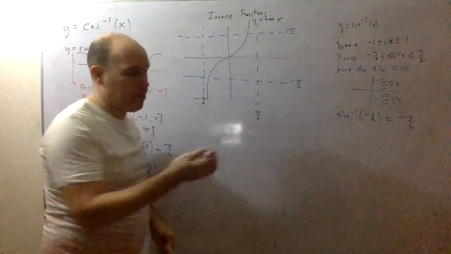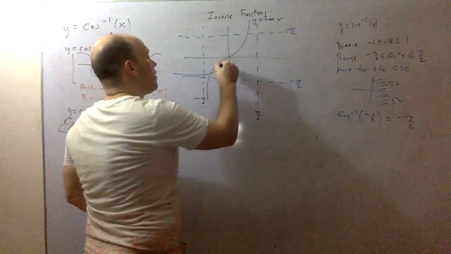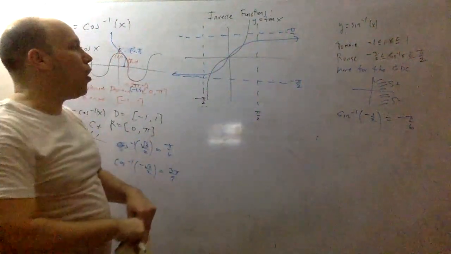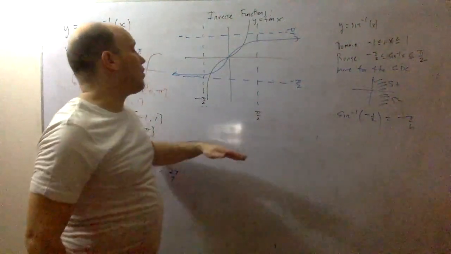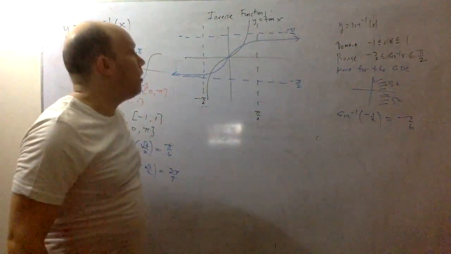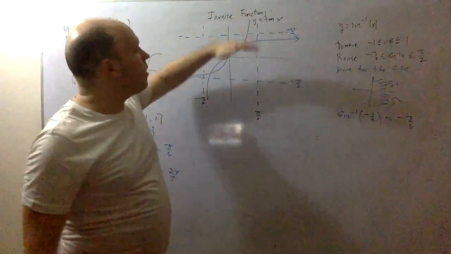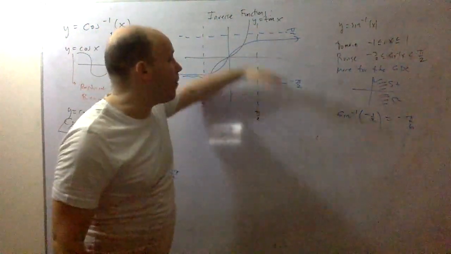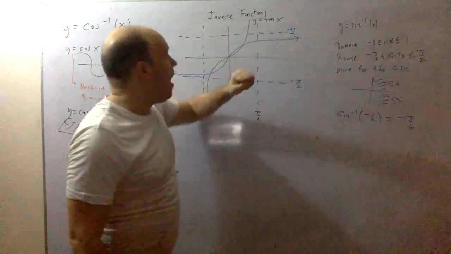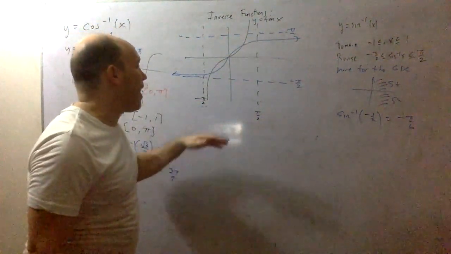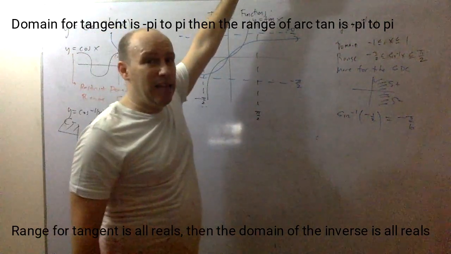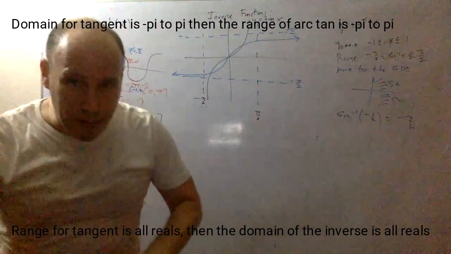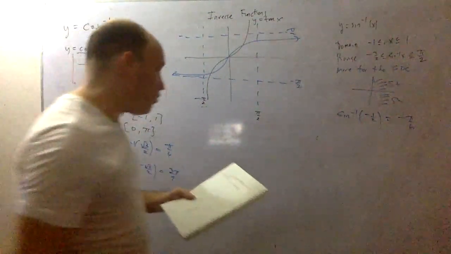We know it looks something like this. Let's take a look at this. Okay, so the domain of tangent is from negative pi over 2 to pi over 2. Therefore, the range of the inverse is from negative pi over 2 to pi over 2. And if the range of tangent is the entire reals, the domain of the inverse is all the reals. Sorry about that.